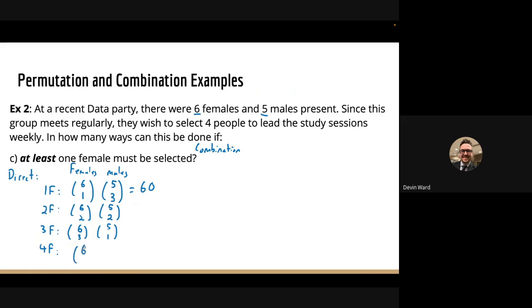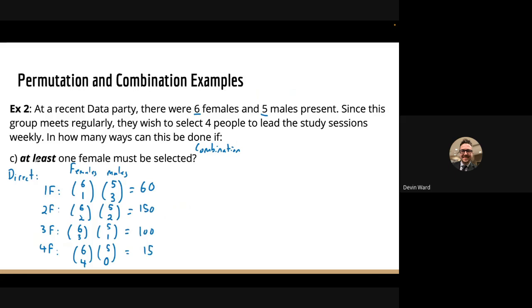If we have all females, it'd be 6 choose 4, and we have 5 males, and we're choosing 0 of them. Anything choose 0 is always just going to be 1. So 6 choose 2 times 5 choose 2 would be 150. And then we have 100, and then we'll have 15.